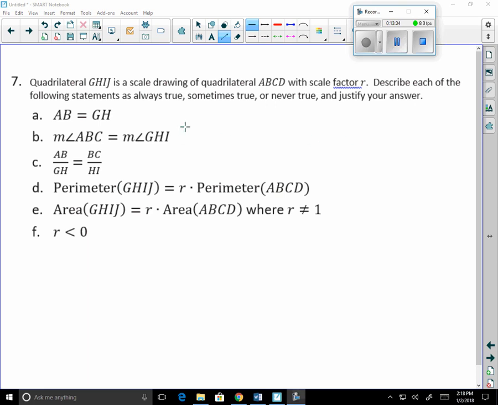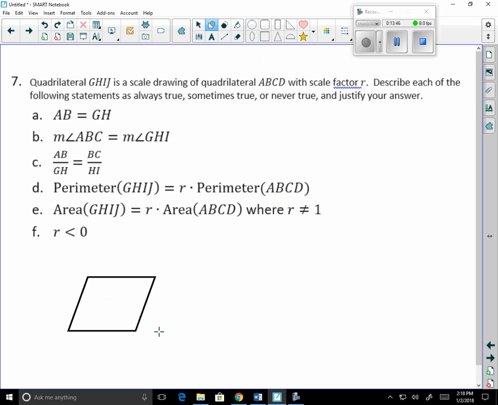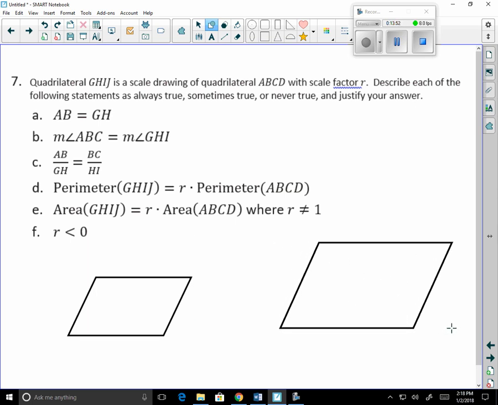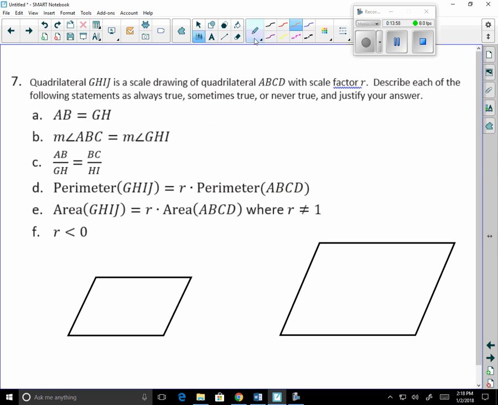So I'm going to start by just drawing two quadrilaterals. Now, to draw a quadrilateral, it really could be any quadrilateral we want. It doesn't necessarily have to be a trapezoid or a rhombus or something. So I'm just going to draw two of them, and make one bigger than the other. If I label our pieces here, so it says that one is a scale drawing of the other.